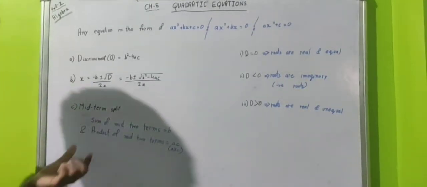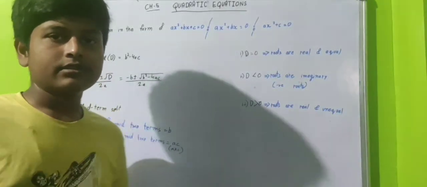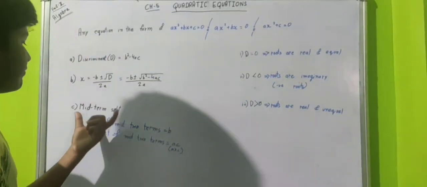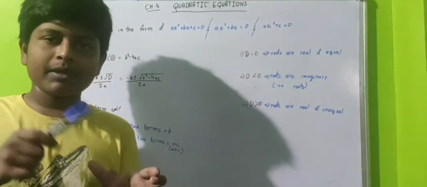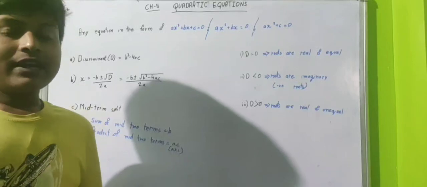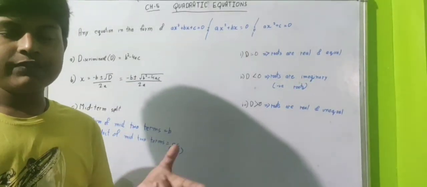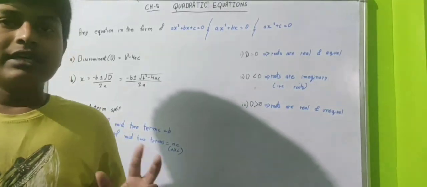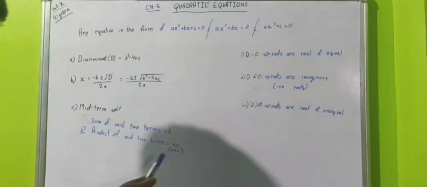Third formula is middle term split. You have learned this formula already in class 8 or 9. What we do in middle term split is we divide the middle term, that is the b part, into two parts, so that the sum of both is equal to b, and the product of both the terms which was divided from b is equal to the product of a and c, that is first and third term.